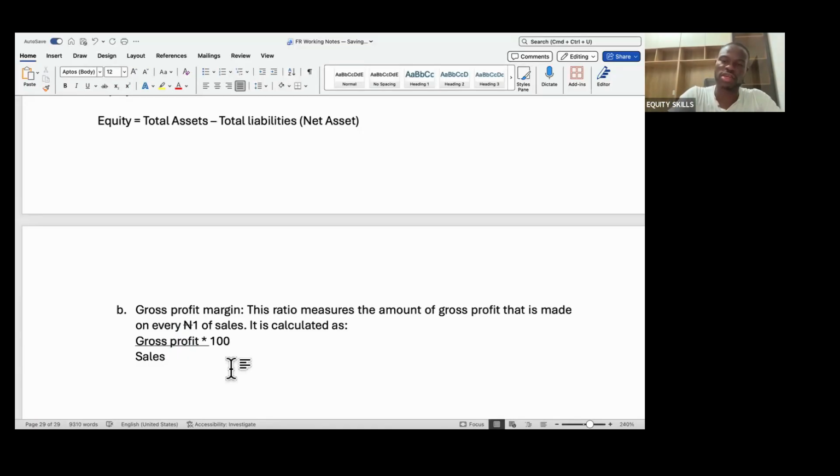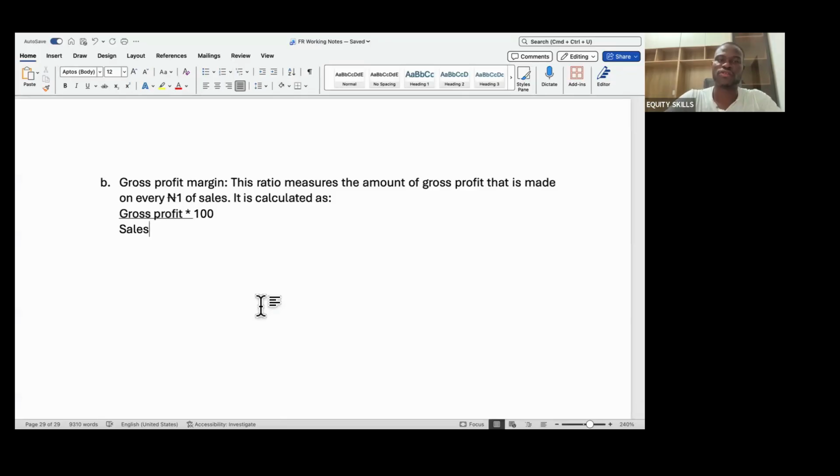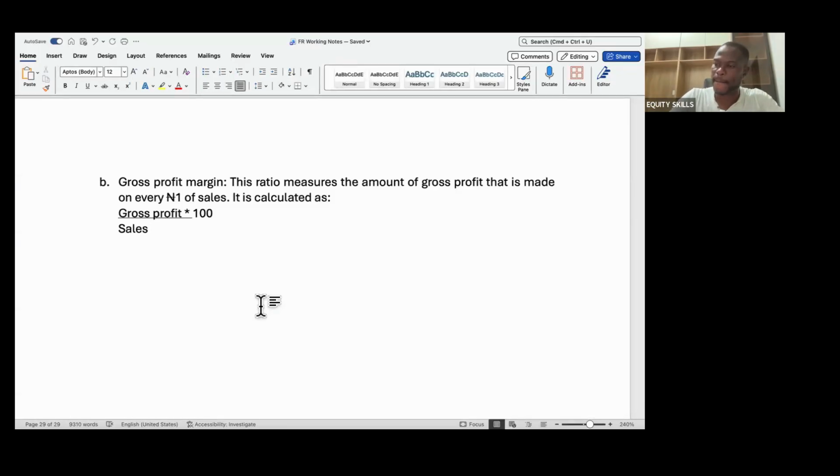It measures the amount of gross profits made on every 1 naira of sales. That means if you sell your product for 100 naira and you're making a gross profit of 20 naira, you're making 20 naira on every sale.